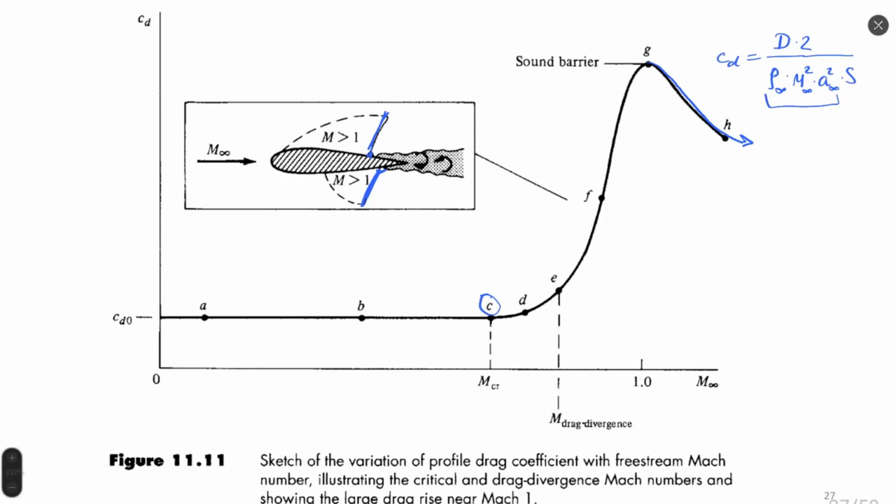So drag always goes up with increase of Mach number. Do not lose this point when you calculate something in supersonic velocity. A decrease of drag coefficient does not mean a decrease of drag.